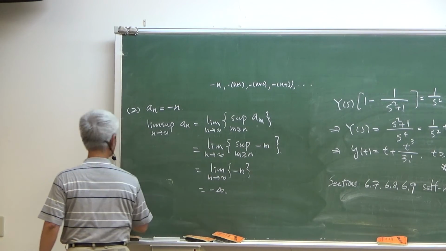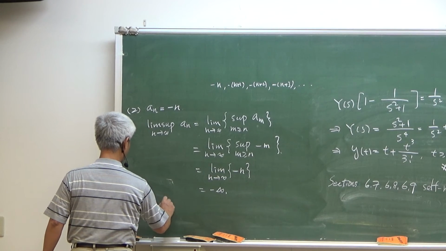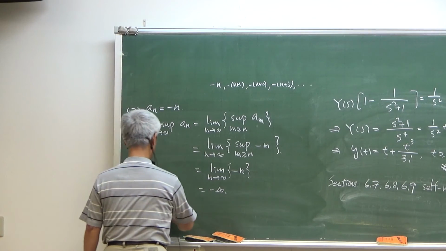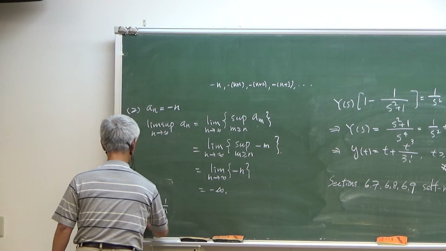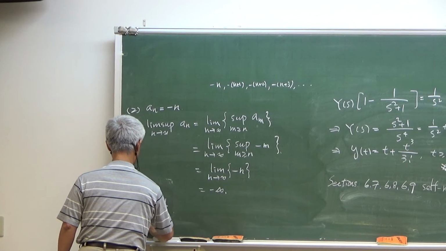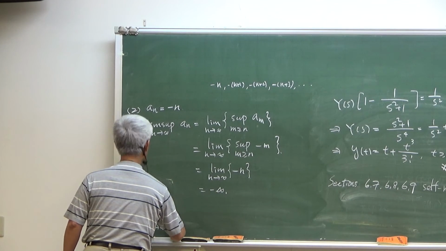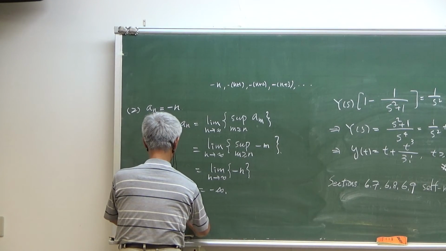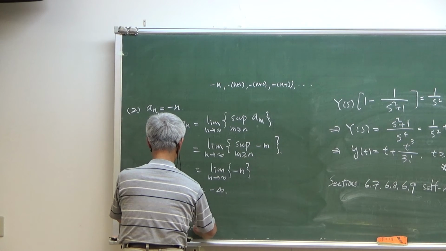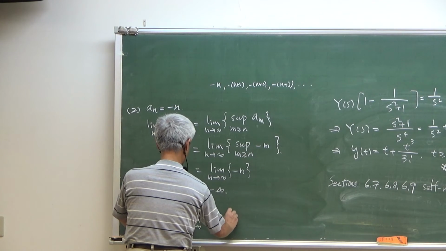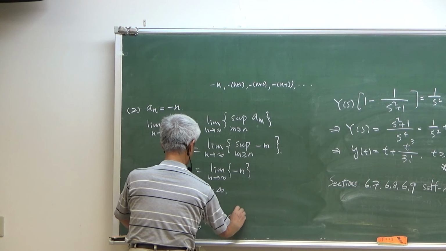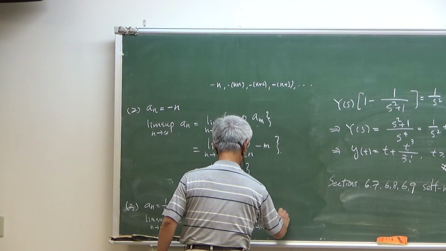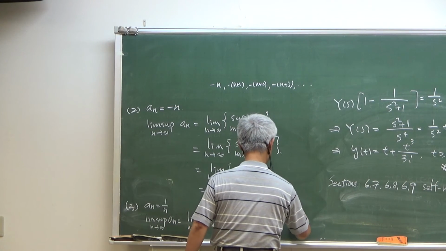Very wild, right? Third, a_m is 1 over m.